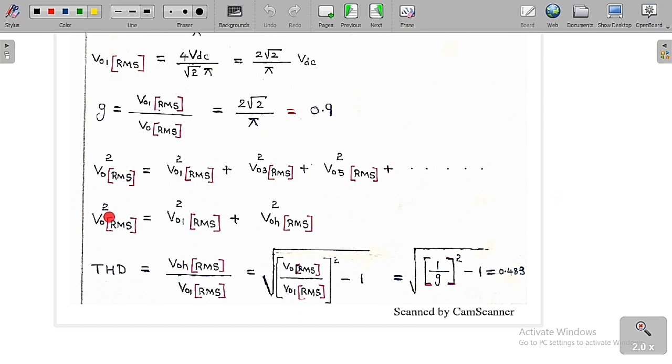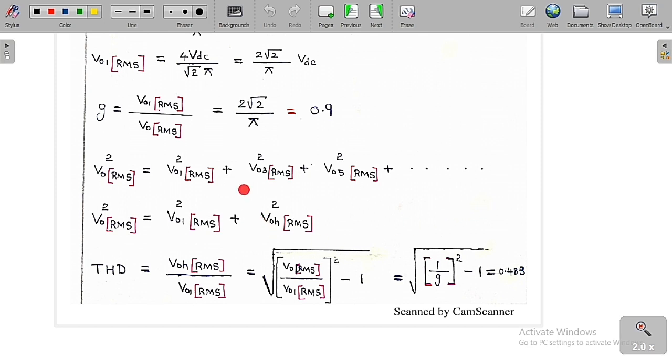Simply, the overall RMS value of the output signal is equal to the square root of the RMS value of the fundamental component squared, plus the RMS value of the third component squared, plus the RMS value of the fifth component squared, and so on up to infinity. This is by using the basic property.